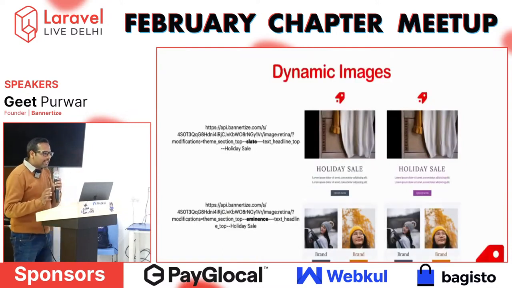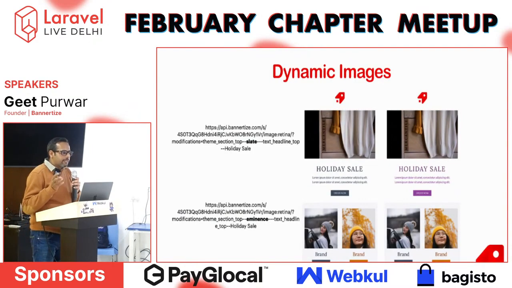And not only that, we also support dynamic images. This is a new term that we have coined. In dynamic images, we give you a URL, and in that URL you change certain variables or modifications, and in return it gives you an image. As you can see the difference in these two images, I have highlighted two words.